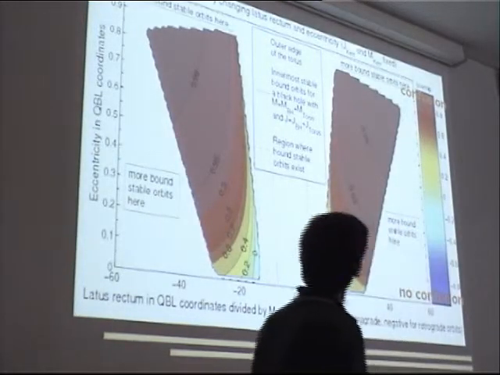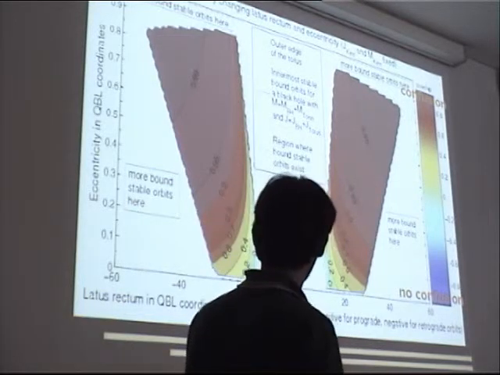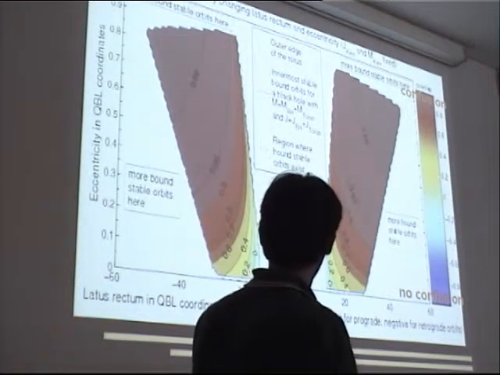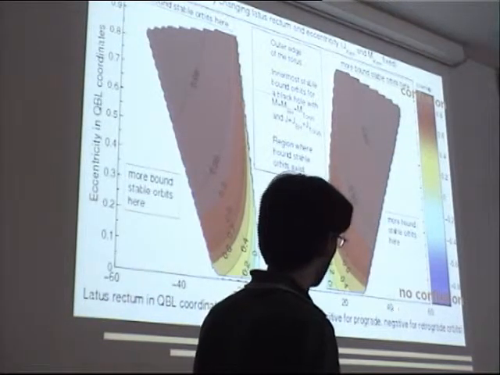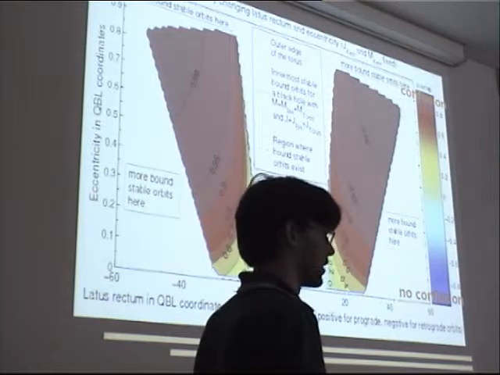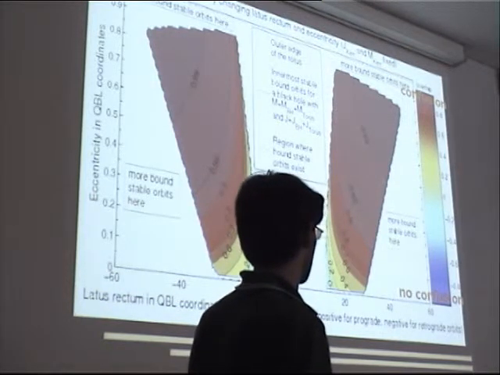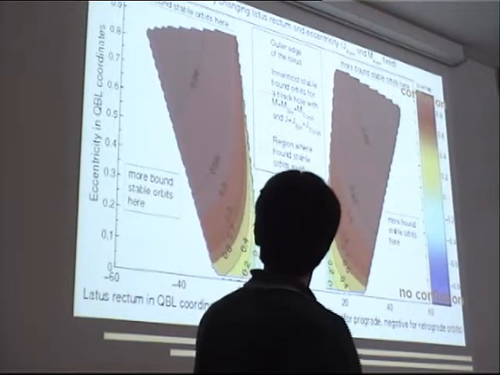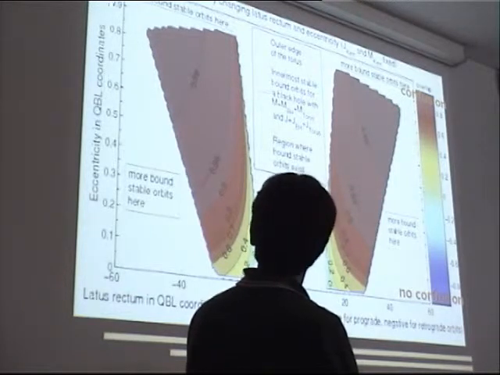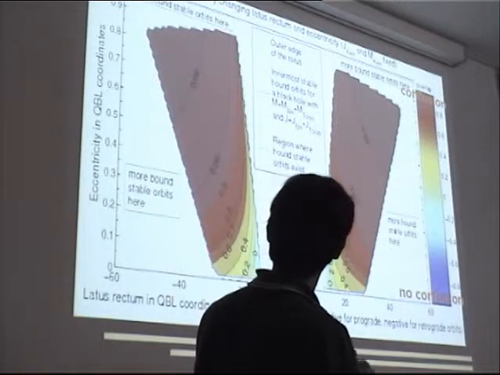So let me spend 2 minutes explaining this figure. Here on the x-axis we have the latus rectum of the black hole plus torus orbit, multiplied by the sign of the orbit. That is, we have a positive latus rectum for prograde and a negative latus rectum for retrograde orbits. Here we have the eccentricity of the black hole plus torus orbit.